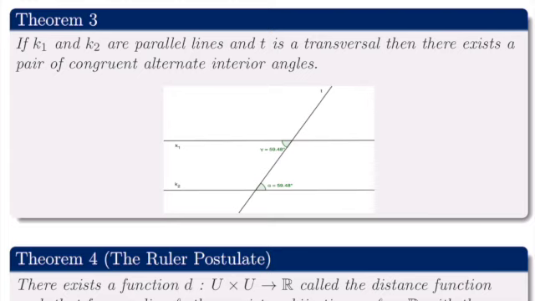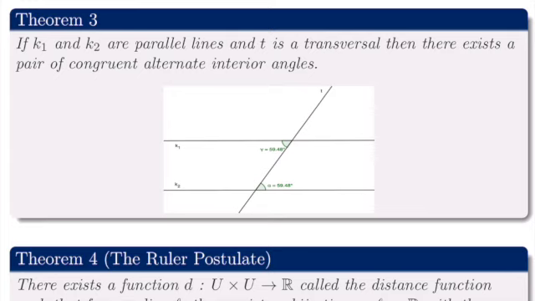It says that there exists a function d, which is P times P onto R, called the distance function, such that for any line L, there exists a bijection c from L onto R, with the property that the distance of A and B is equal to the absolute value of c of A minus c of B for all points A and B on L.